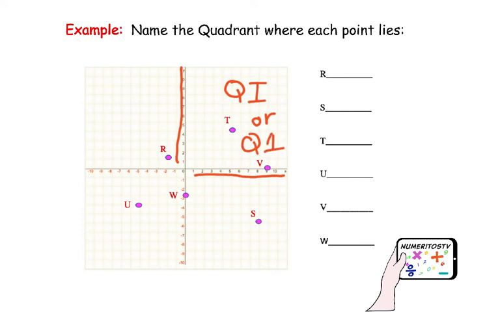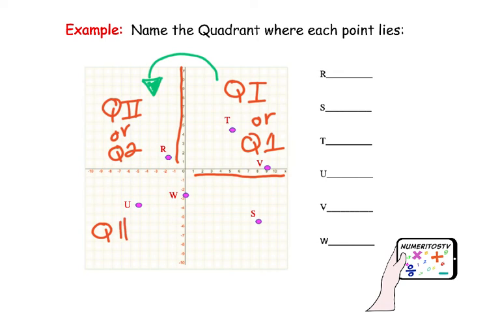So this is the first quadrant. And then you go counterclockwise to keep numbering. So this one is the second one. Third one, or Q3, sometimes they use Q3, and then Q4.